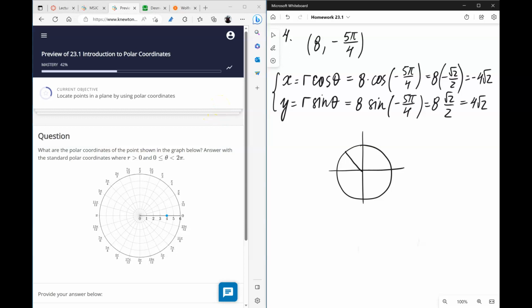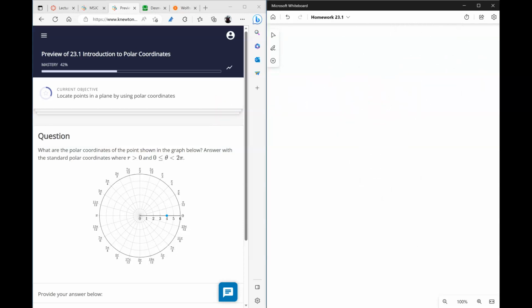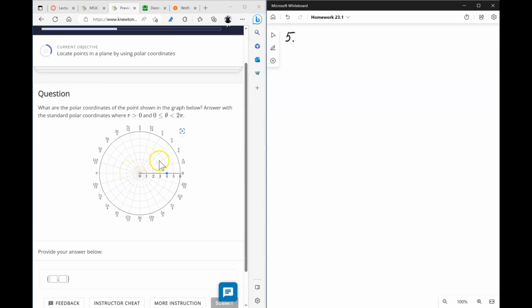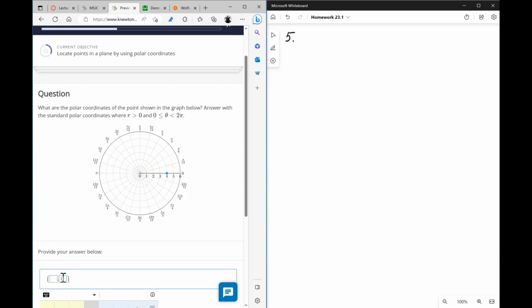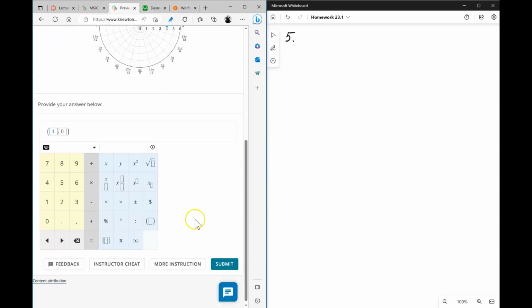Next, we have to convert to polar coordinates, and it's very easy. We just have to measure the angle and the distance to the origin. So the angle is 0, and the distance to the origin is 4.